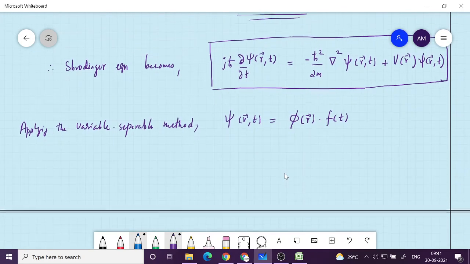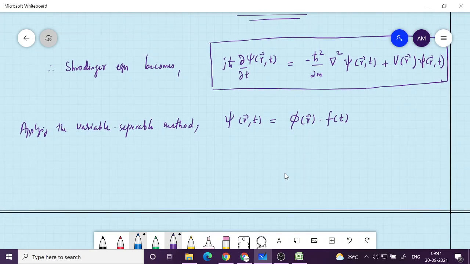Now if you do this, and after the substitution you are able to separate into two parts, one on the LHS and one on the RHS, where on one side you have only a function that depends on position, and on the other side a function that depends only on time, then we can utilize the variable separable method.